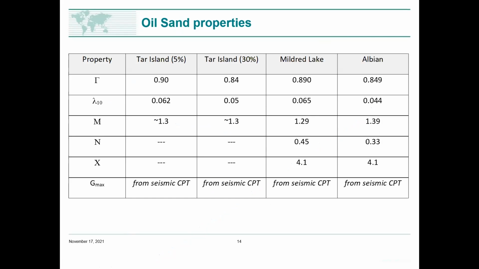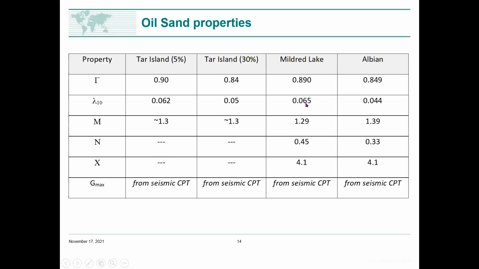So you can plot up a bunch of lab tests, and you've got your properties. Here are the properties we came up with for Tar Island. These are the ones here, the Tar Island 5%, Tar Island 30%. These were measured in the day, so this is data you can find in the Plewes et al. paper. They didn't do any dense tests that I'm aware of, and they certainly didn't plot up any dilation stuff, so we're unable to pull off N and chi from their data of the day.